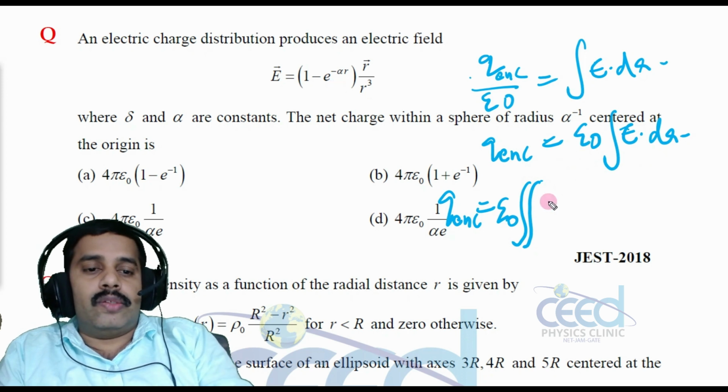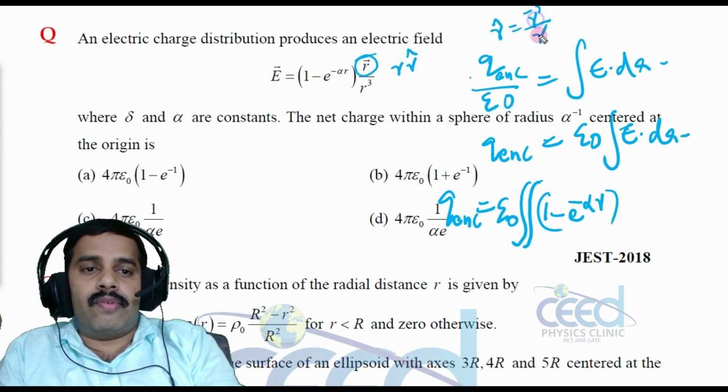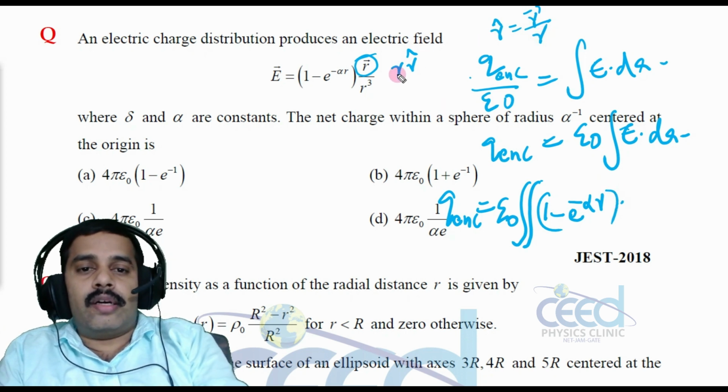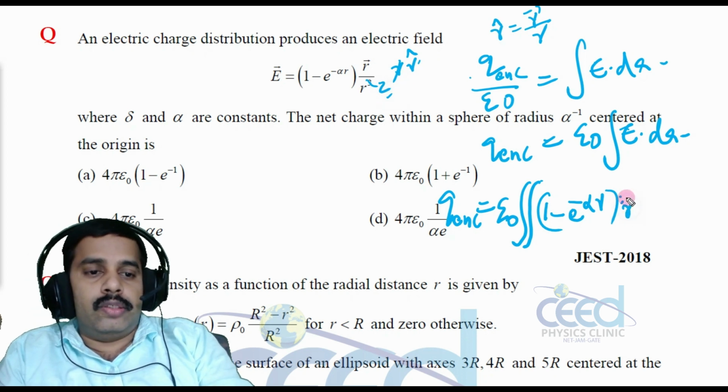E value is 1 minus e raised to minus alpha r into the r vector. The r vector we can write as r cap, where r cap is equal to a vector divided by its modulus r. When I replace this r vector with r cap, this r and r cube will cancel, so we get r cap by r square.